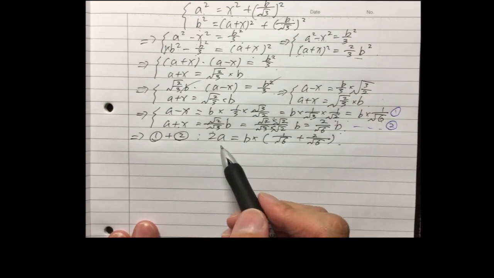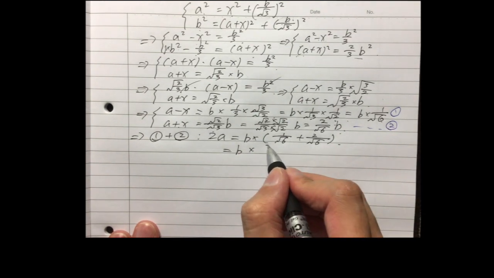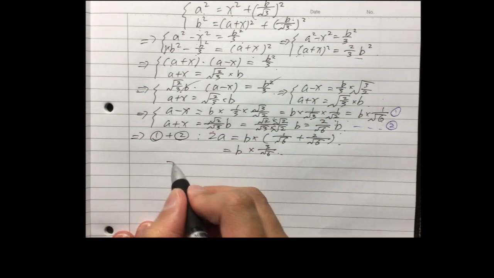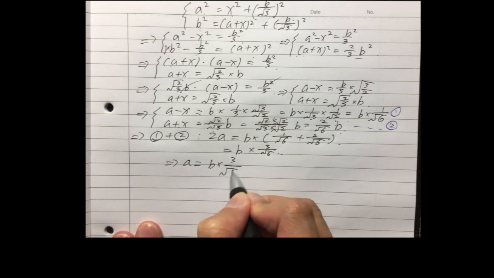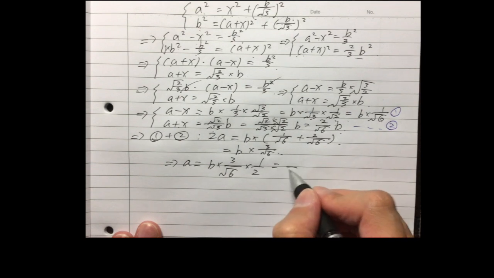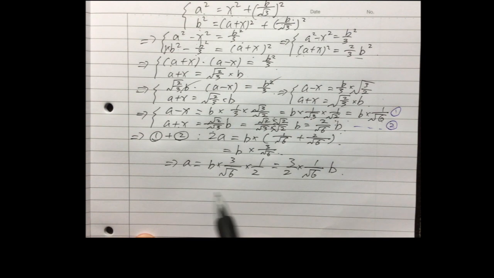So this will be the result. After combination, we do some further simplification, which will be 3 over square root 6. So we shift this 2 to the right hand side. We got a equals b times 3 over square root 6 times half, so this is the relationship between a and b.